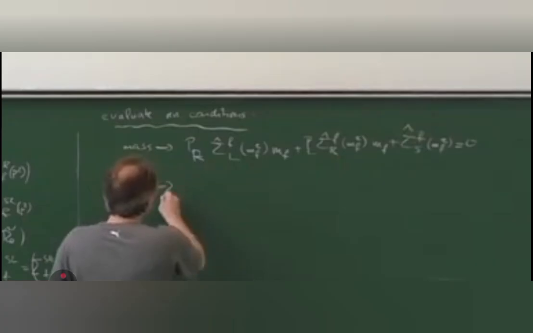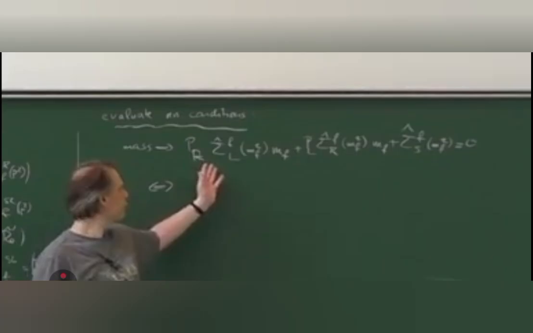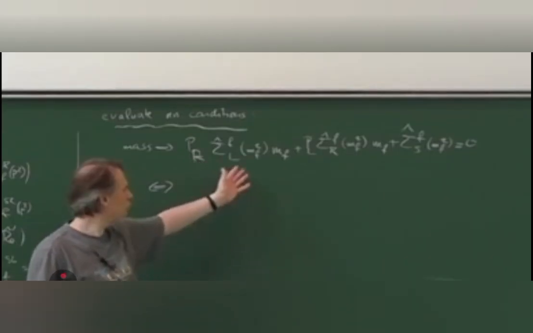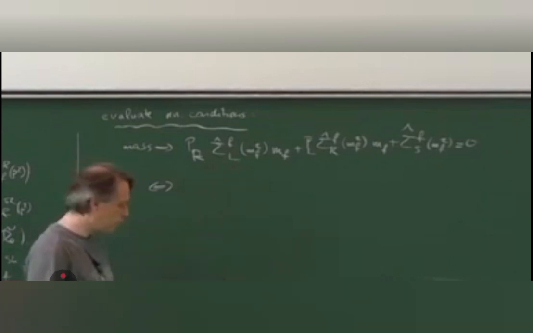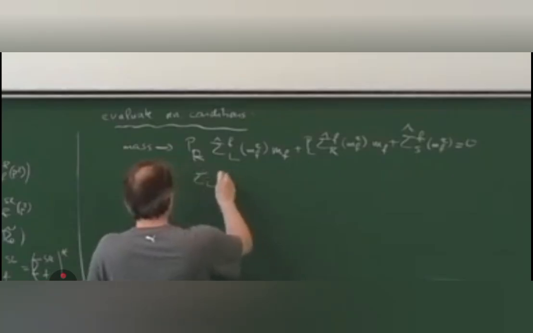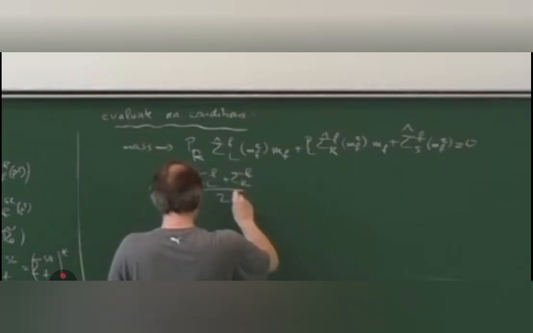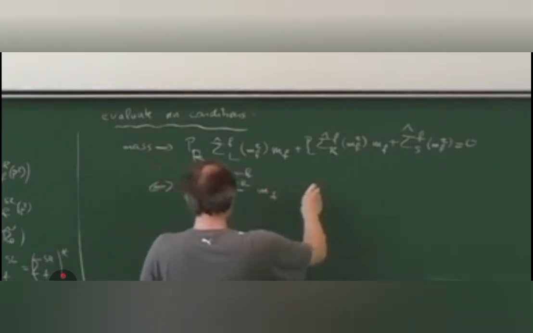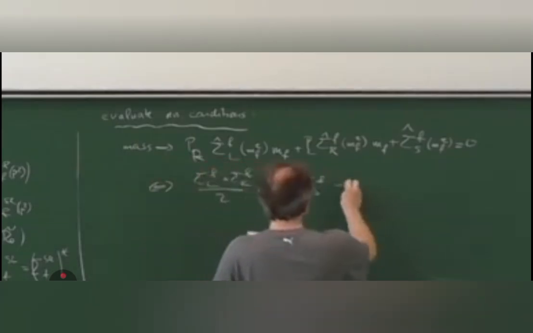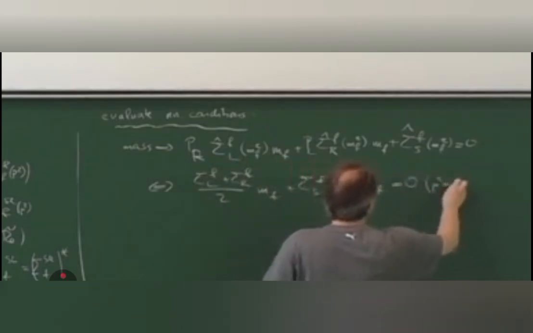And if we plug in the renormalization constants, then we see that this equation is actually 2 equations, because obviously the left-handed and the right-handed part of the equation are independent. So therefore it decomposes into one equation for the left-handed part and one equation for the right-handed part, but they are equivalent, and they mean sigma FL plus sigma FR divided by 2, so the average, times the mass plus the scalar part Fs minus the mass counter term delta MF equals 0 at P square equal MF square.